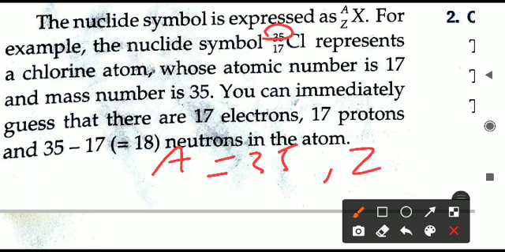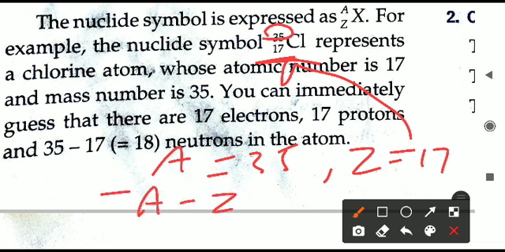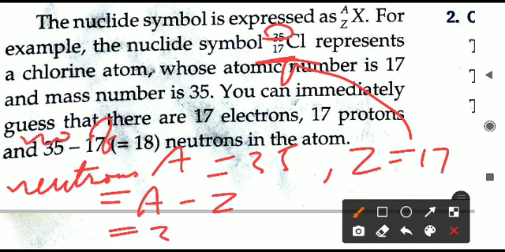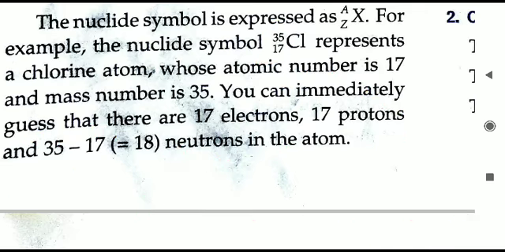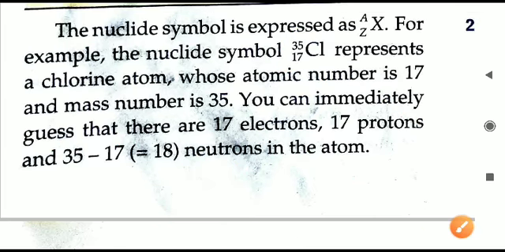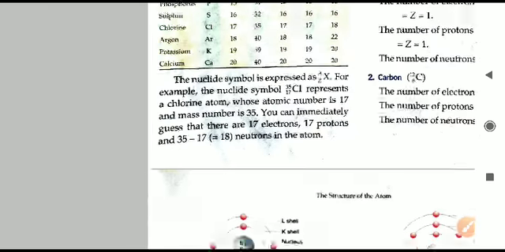Z. You see there Z is written, 17 is written. Based on this we will do A minus Z. If we subtract Z from A, then what do we get? We get the neutrons only. So the number of neutrons formula, remember, A minus Z, that is 35 minus 17. Now you can easily find out, that is 18 neutrons are there. So this is how, by a simple nuclide symbol itself, you can find out the number of neutrons.